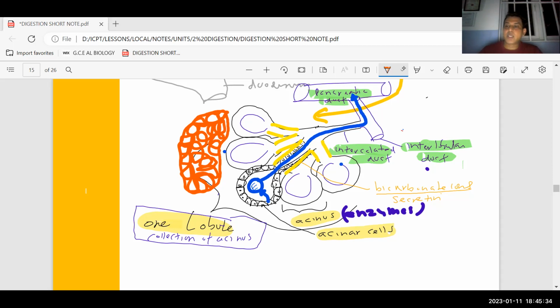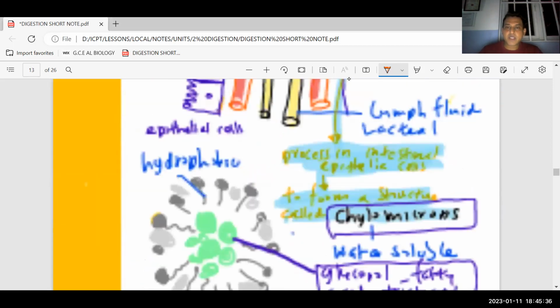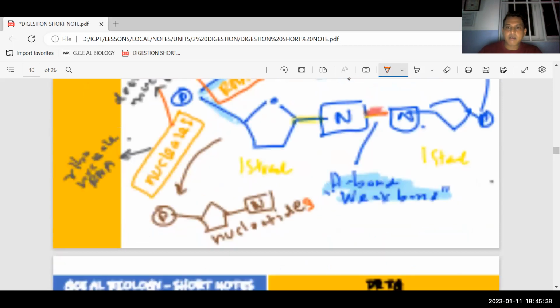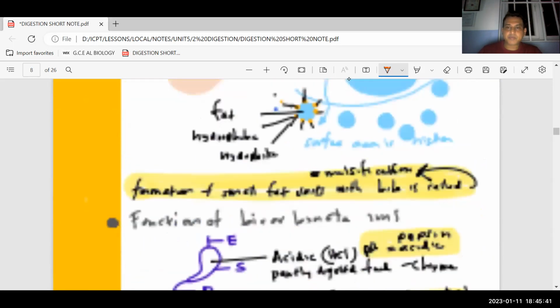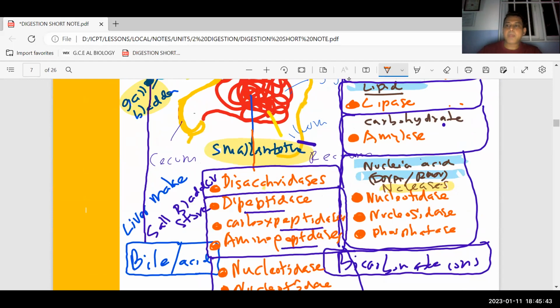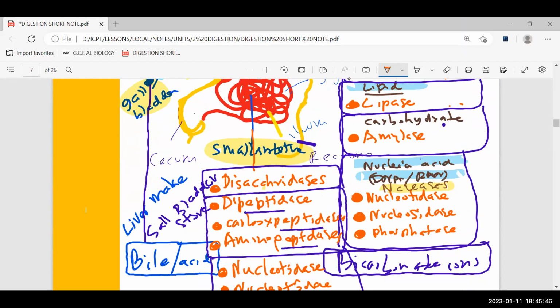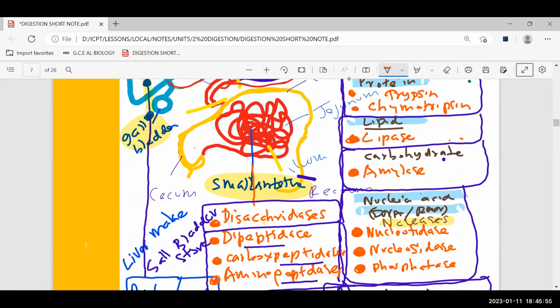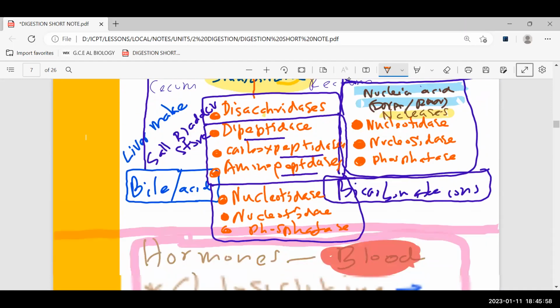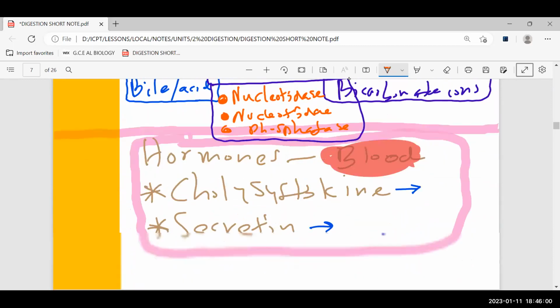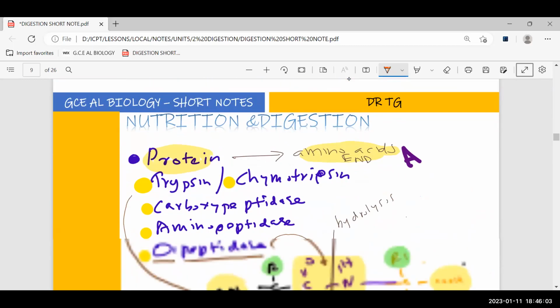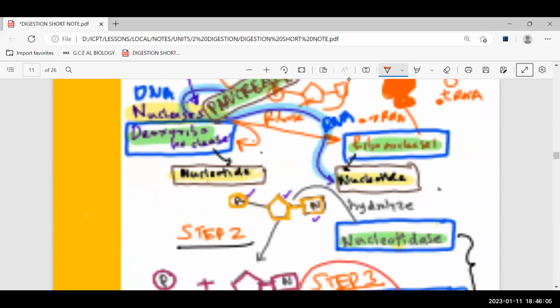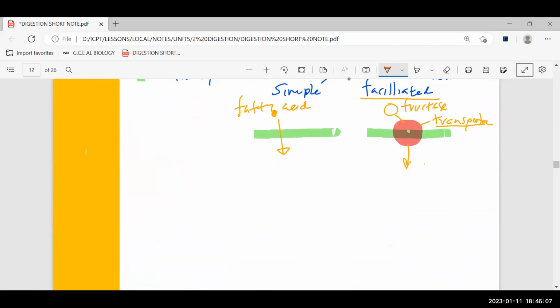Enzyme secreting. So we learned it previously. Here are the enzymes produced by the pancreas: trypsin, chymotrypsin, lipase, amylase, nucleases, and bicarbonate ions. So you can look at the previous notes, the pancreatic enzymes.